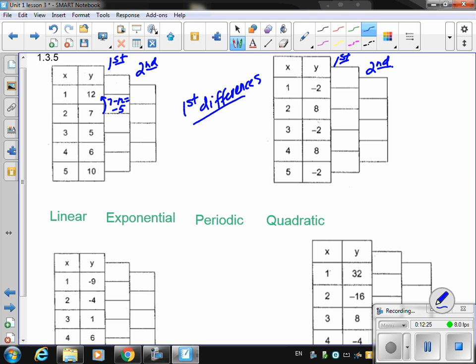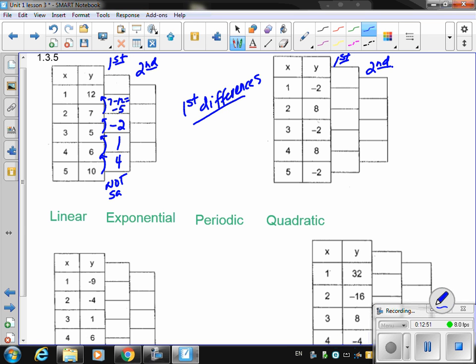So I'm going down by 5 that time. The next subtraction would be 5 subtract 7. I've gone down by 2. 6 subtract 5. I've actually gone up by 1. 10 subtract 6 is 4. I've gone up by 4. My first differences are not the same.